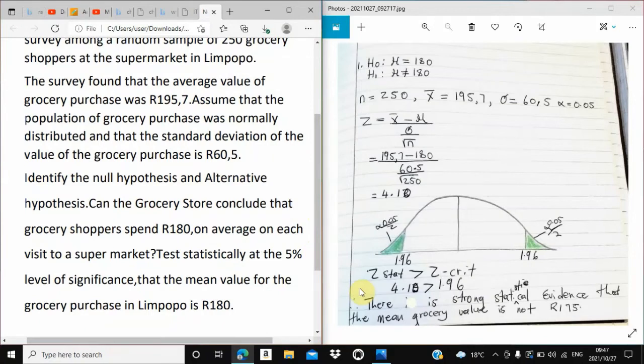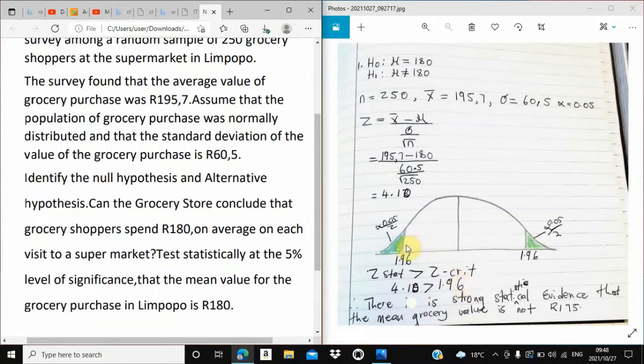Then, how do we conclude? Take care of this, emphasize this. If your Z statistic is greater than Z critical, then you have to conclude you have strong evidence that the mean is not your value.